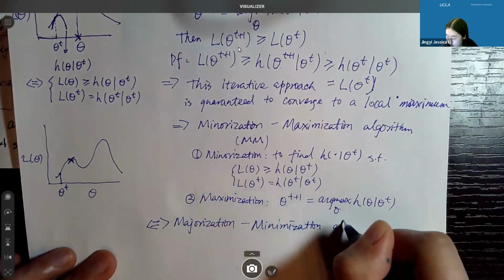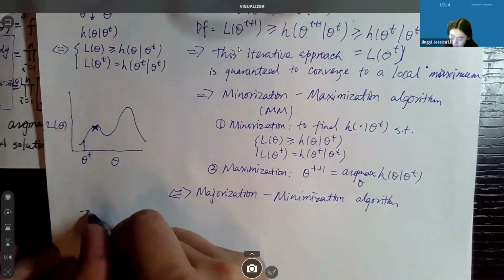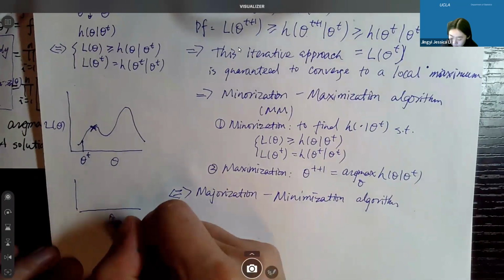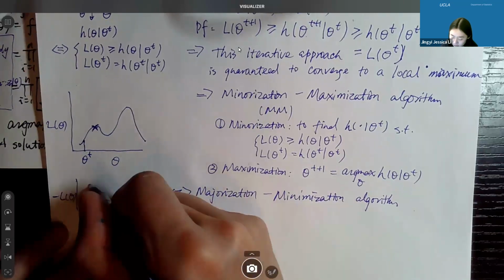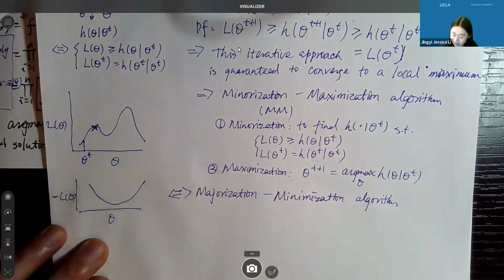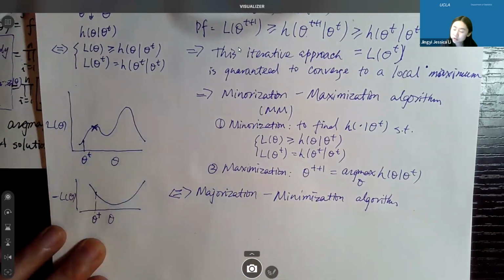Still MM. So what this says is that if you have a function to minimize, let me call this negative L theta, the function you want to minimize, then at the current value theta t, what you need is to find an upper bound of it. And the upper bound must be easily minimizable.